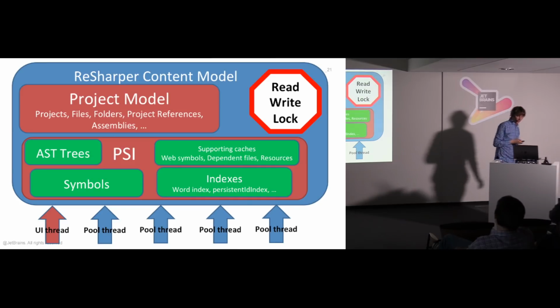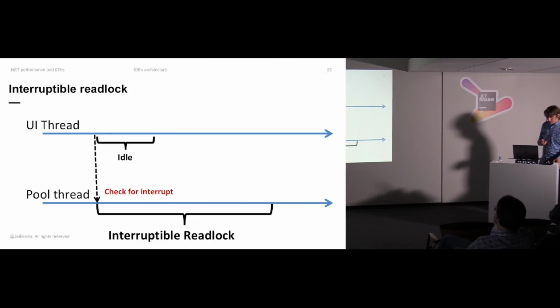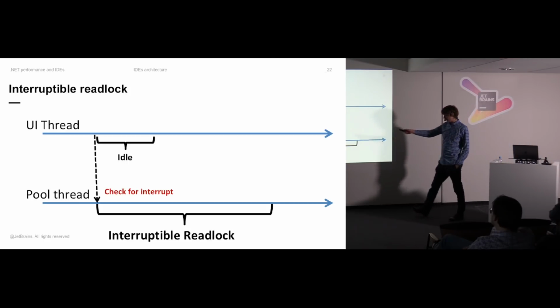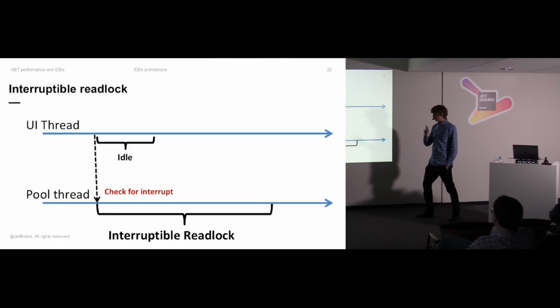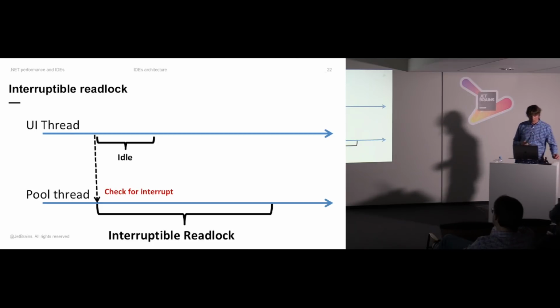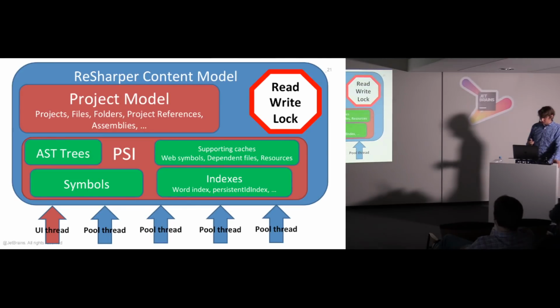Now here we have a problem. For example, I have a pool thread, not the UI thread, and in this pool thread, for example, I calculate all the usages. To calculate all these usages, I have to acquire a read lock.